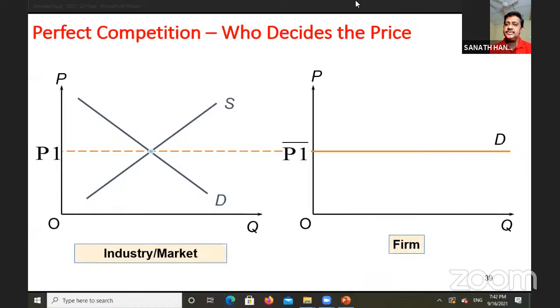Consumers are willing to pay only a fixed price. Within bracket, P1 bar.